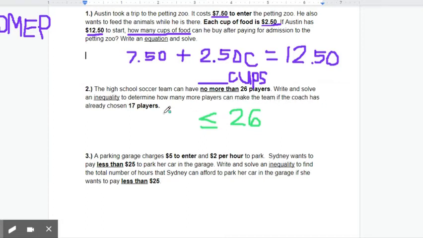The coach has already chosen 17 players to be on the team. Now, we need to add a certain number of players in order to get less than or equal to 26. We're going to use the variable p to represent the number of players.